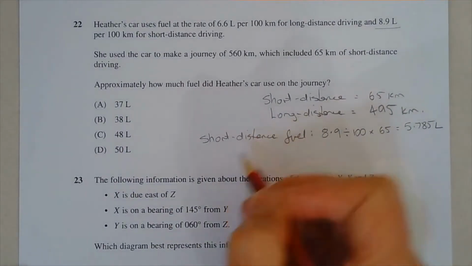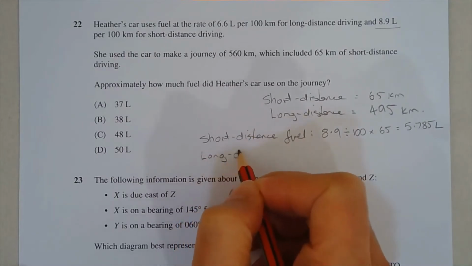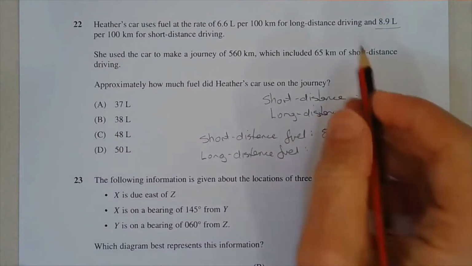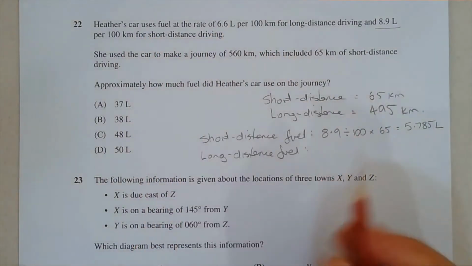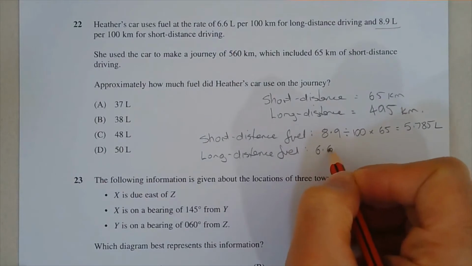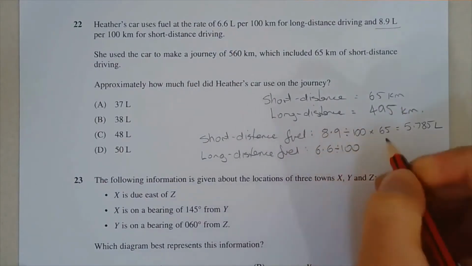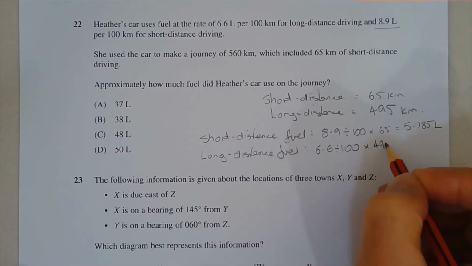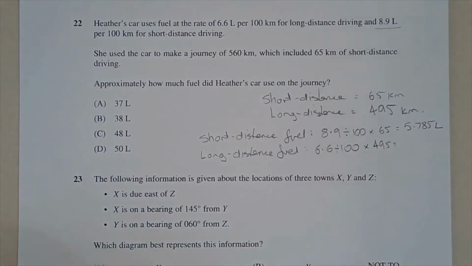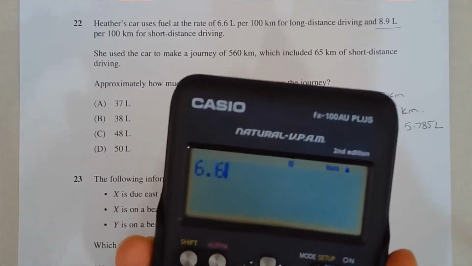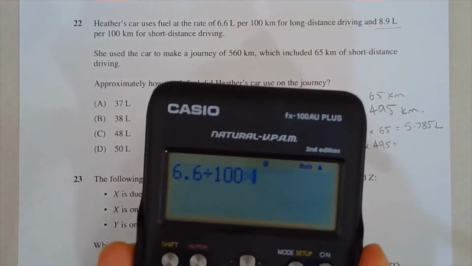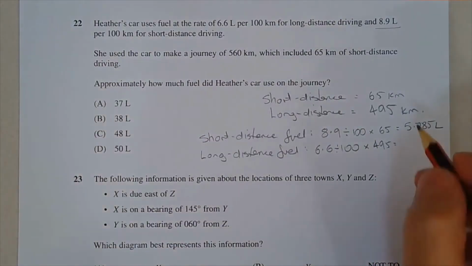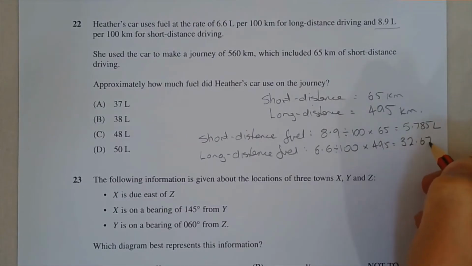Okay. Now, for long distance fuel consumption, it's less per 100 kilometres, so it's 6.6 divided by 100. So again, using the unitary method, multiplied by the long distance kilometres, which is 495. So 6.6 divided by 100, multiplied by 495, and we get 32.67 litres.